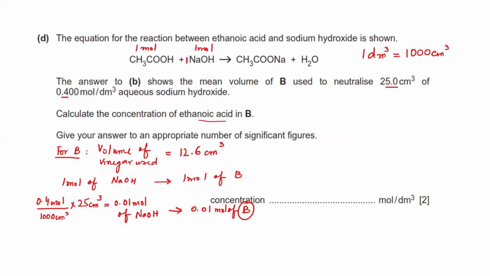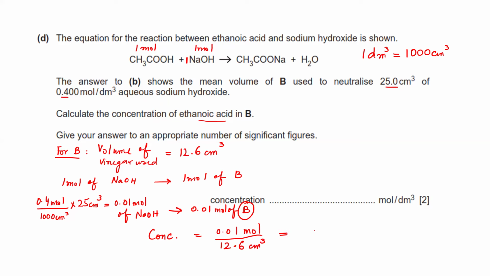Now we have to calculate the concentration. We need 0.01 mole of B. So the concentration will be 0.01 mole divided by the volume used, 12.6 cm³.